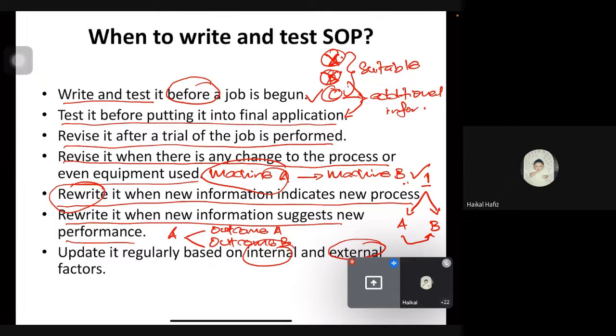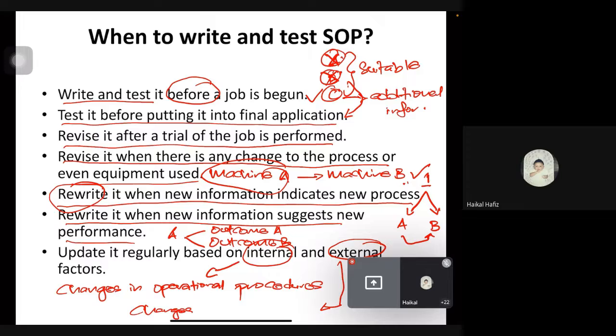Internal, for example, changes in operational procedures. This will be internal. External, perhaps, changes in raw materials, for instance.